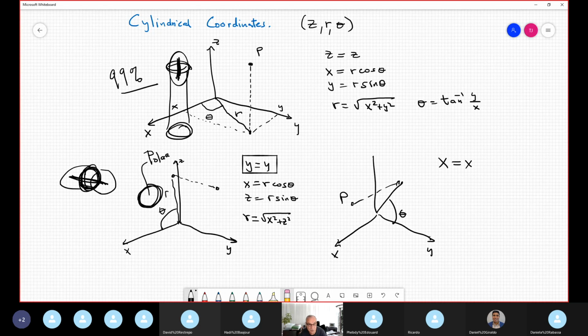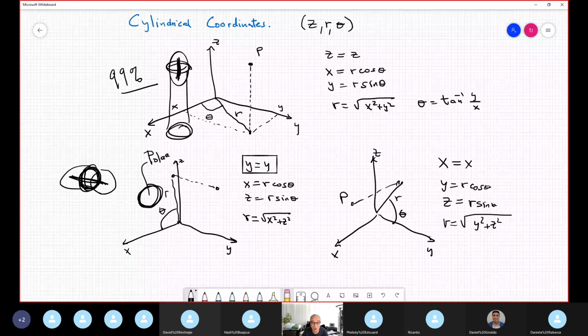Theta is measured from the x-axis frequently or the y-axis, never the z-axis. Then y is cosine, and z is sine. And r is similar to before: r is the square root of y squared plus z squared. This is r.